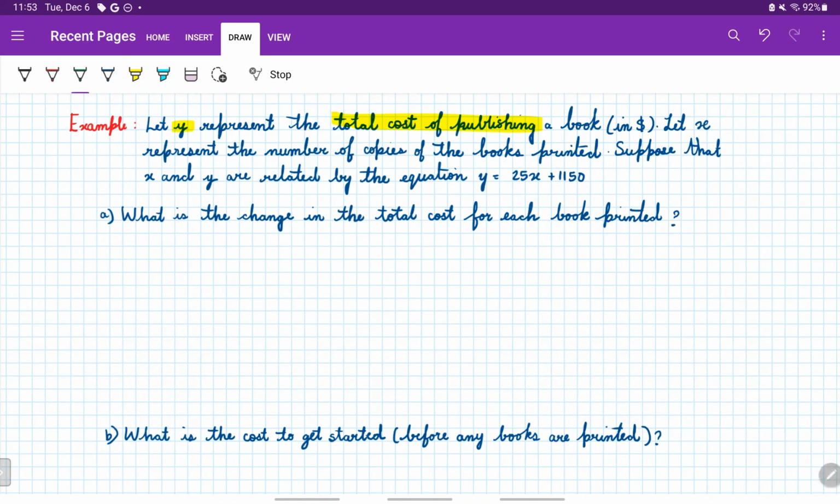So we are told that we have this equation, Y equals 25X plus 1,150, where Y is the total cost and X is the number of books printed, number of copies of books printed.